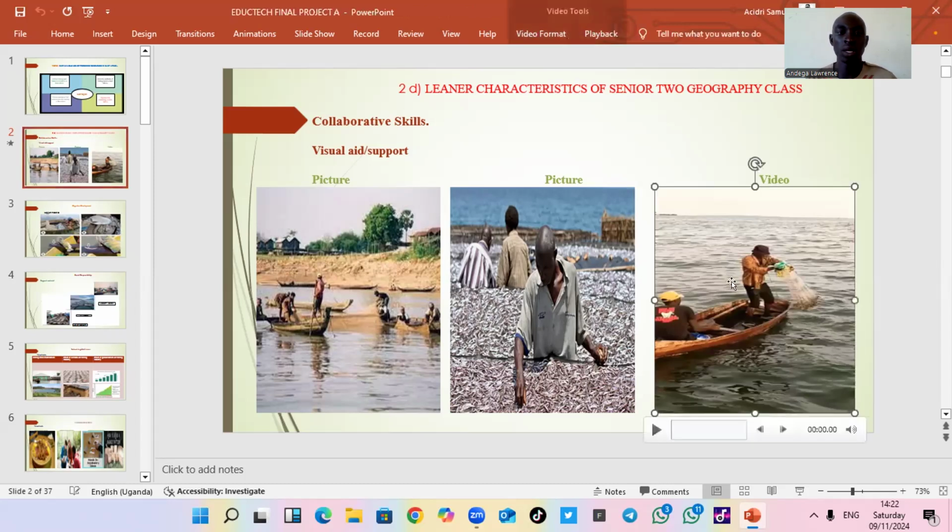Then collaborative skills can be further developed by making use of videos that are relevant.